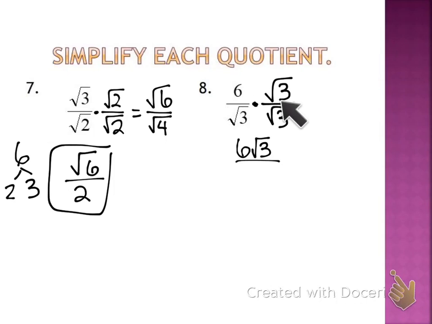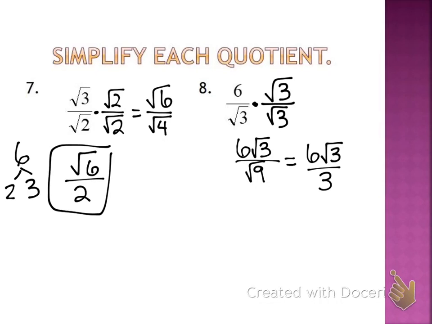Kind of like 6 times x is just 6x. It's the same idea. In the denominator, the square root of 3 times the square root of 3 is the square root of 9. What is the square root of 9? 3.